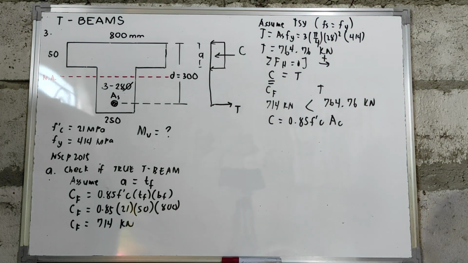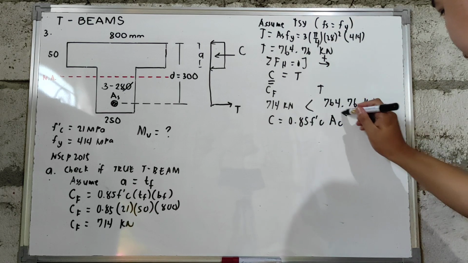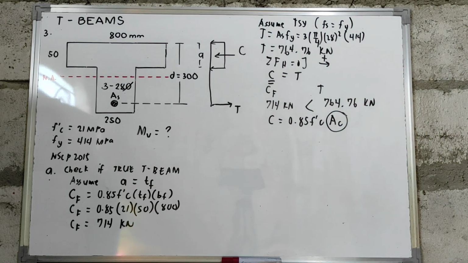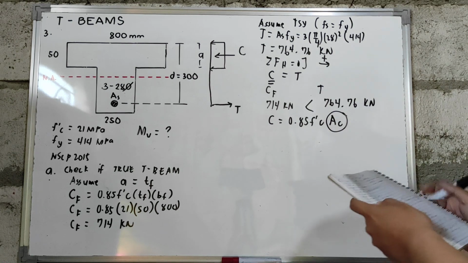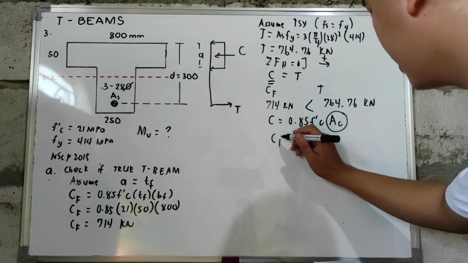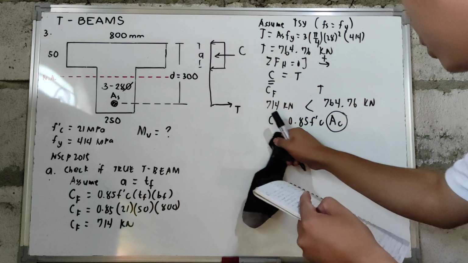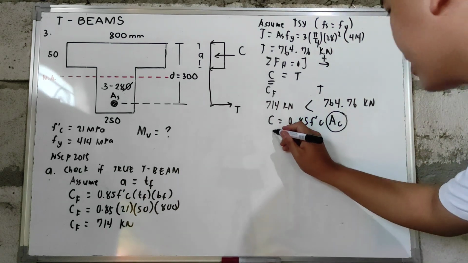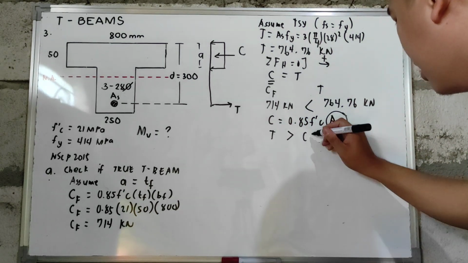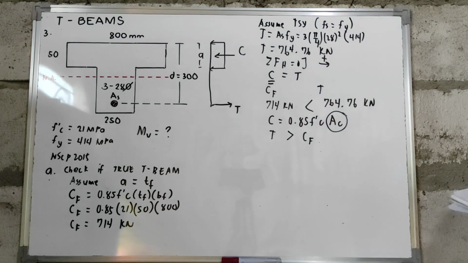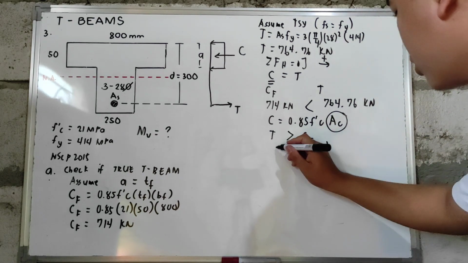For that to happen, we need to increase its area. Since our tensile force is greater than the value of our CF, meaning to say, we are a true T-beam.